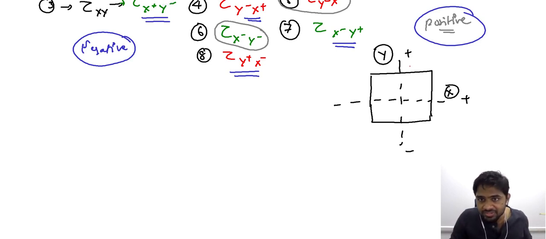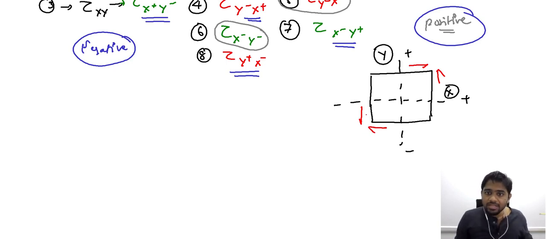The ones represented in red are positive because these are acting on the positive y-plane in the positive x direction. And in the same way, these stresses are also positive because these are acting on the positive x plane in the positive y direction. And similarly, these two stresses are also positive because they are acting on the negative y plane in the negative x direction, and this stress is acting on the negative x plane in the negative y direction.